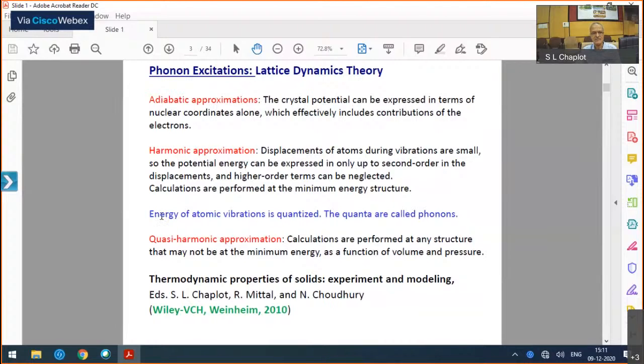Even if you have a molecule, the internal vibrations of the molecule at low enough temperature can be viewed in terms of independent simple harmonic oscillators. Again, those vibrations are quantized, and you have definite vibrational frequencies in case of an independent molecule, and so also in a crystal. Then there is a variation of the harmonic approximation called the quasi-harmonic approximation.